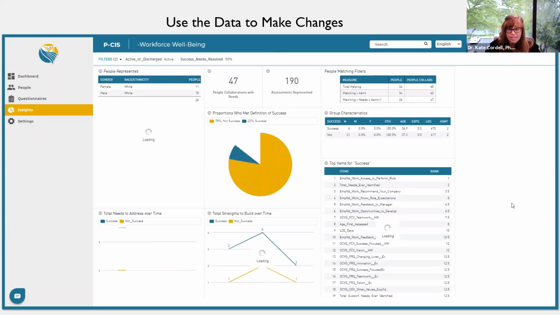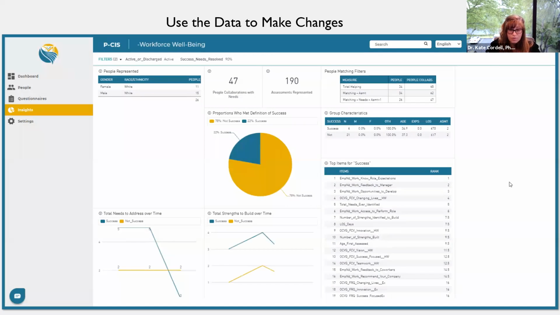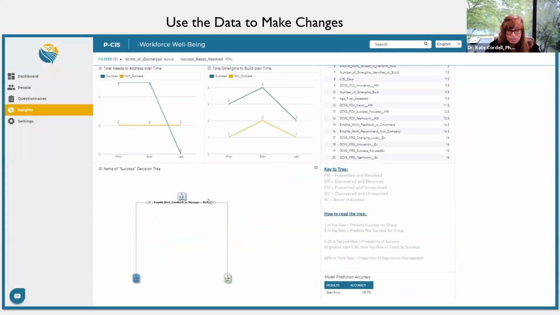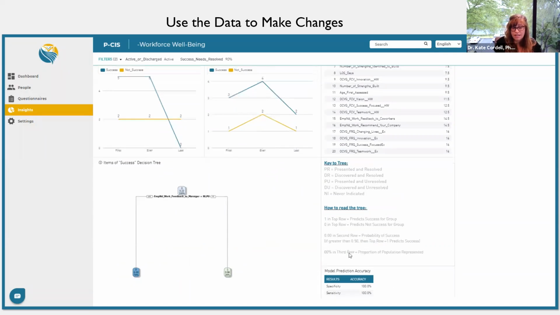So what this is going to identify, as it updates here, is that when you resolve knowing what your role expectation is, and secondly, having the ability to provide feedback to your manager, then this next analysis shows that 86% of those people that felt like they could give feedback to their manager had resolved 90% of their negative responses on that survey.